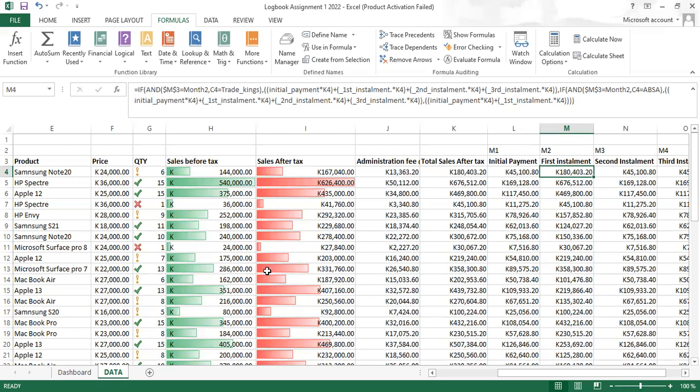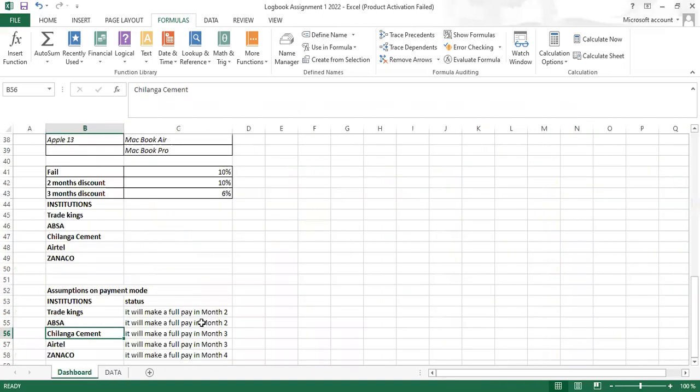So let's go on our assumption. What is our assumption in this case? We are saying Chilanga Cement and Airtel are making their full payment in the third month. Only Zanaco. And remember, Trade Kings and ABSA have already paid, so in the third month Trade Kings and ABSA are supposed to show us zeros.